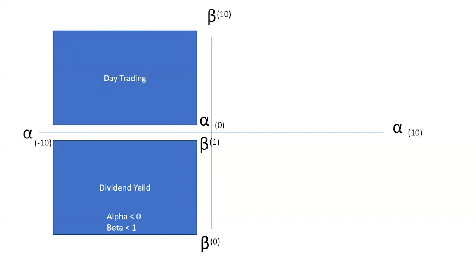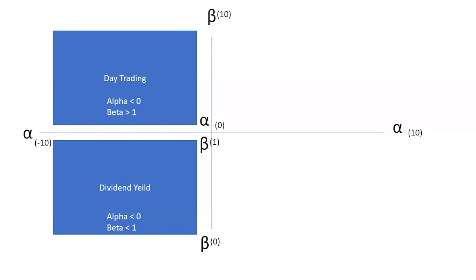Next is the second quadrant, where alpha is less than 0. It means the stock is not beating the stock market, not beating the index, and beta is greater than 1, meaning it is volatile. If the stock market goes up, it goes more up. If the stock market goes down, it goes more down. So this is the ideal area for day traders.